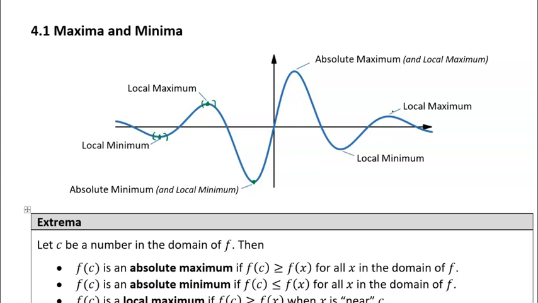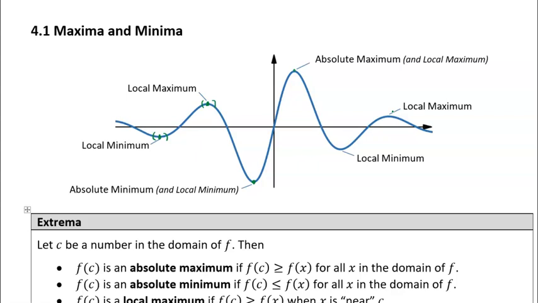So we would refer to that one as an absolute minimum. And over here, it looks like that point is higher, right? The value of the function is higher than any point on the whole domain of the function. So we would refer to that as an absolute maximum.